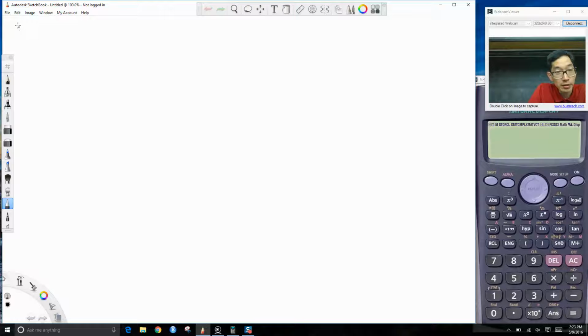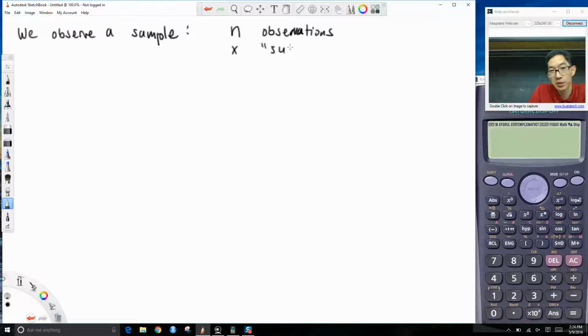Okay. All right. So basically, putting all of this together, we observe a sample. It has n observations, x quote-unquote successes, and p hat equal to x over n, the sample proportion.